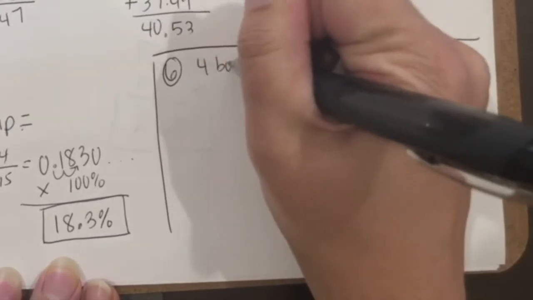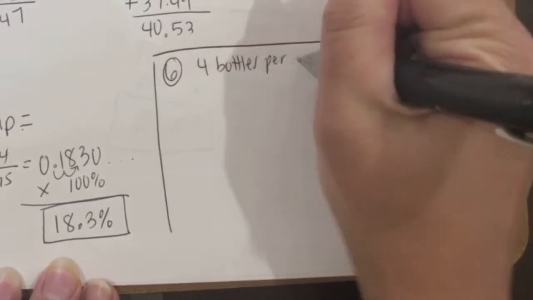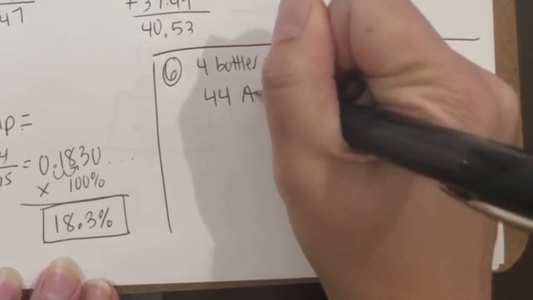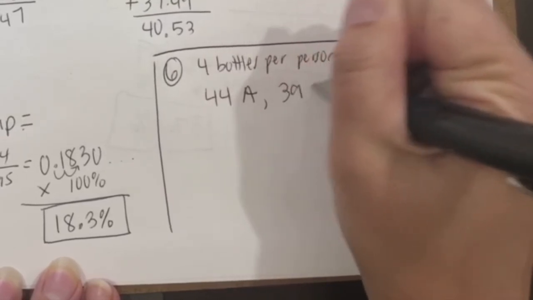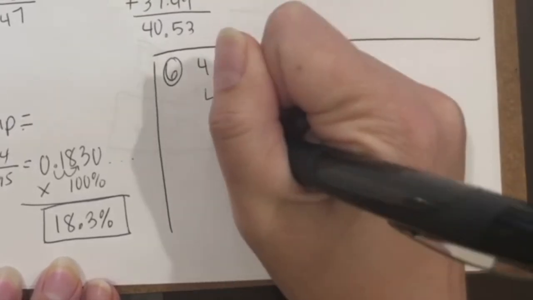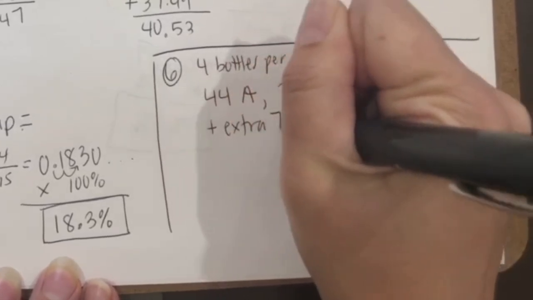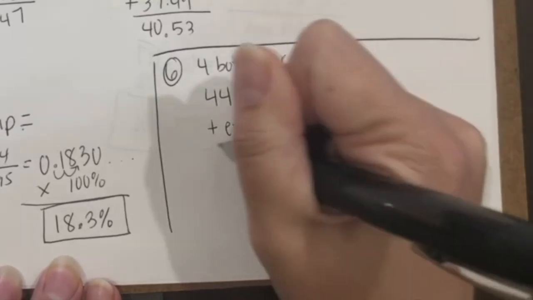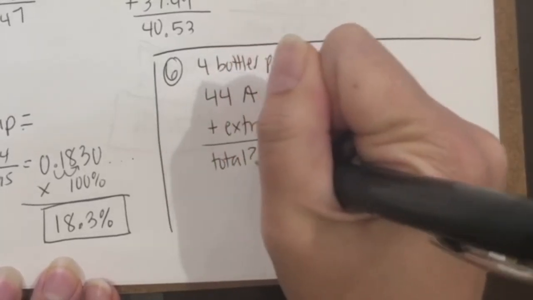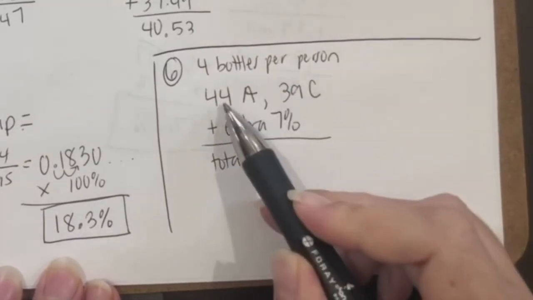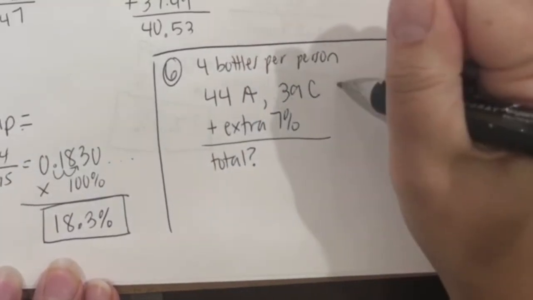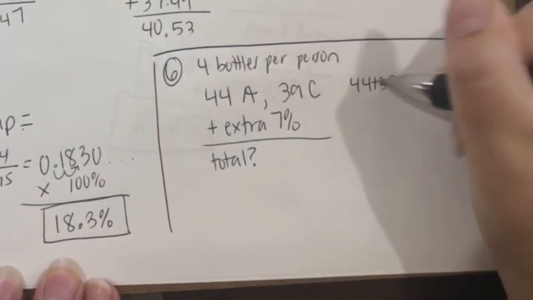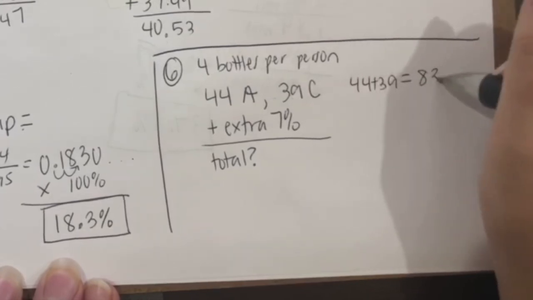So 4 bottles per person, 44 adults, 39 children, plus extra 7% to be safe. How many total? Okay, so we'll just add 44 and 39 equals 83.